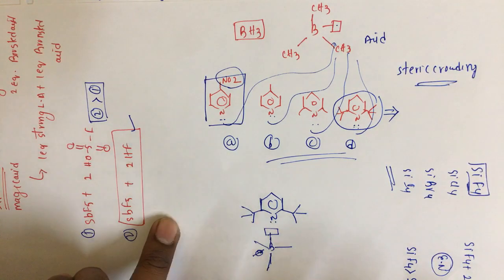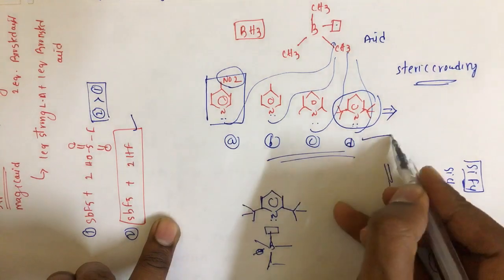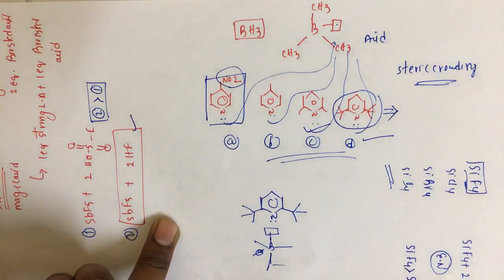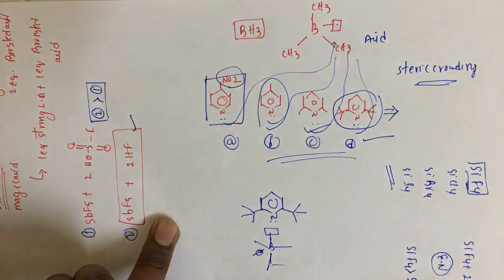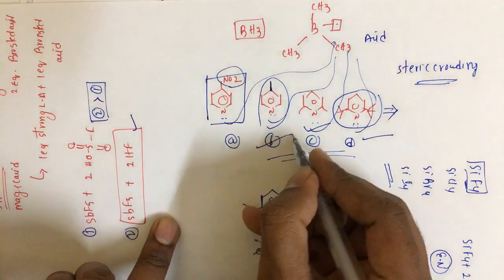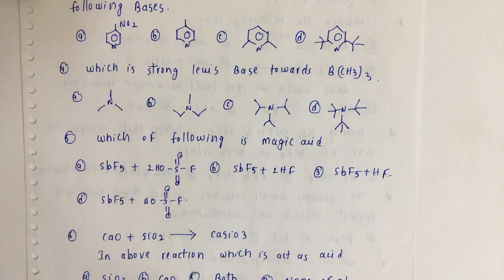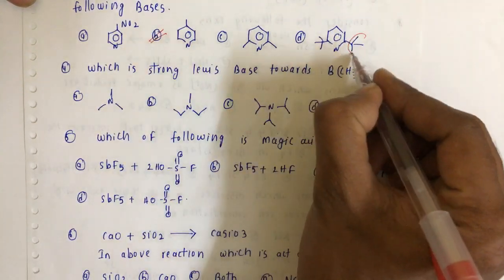Simply remember, where steric crowding is there, that is the least basic towards this. Here steric crowding is there, here also, but in this case there is no steric crowding because the methyl group isn't present at the fourth carbon. So the answer will be B.